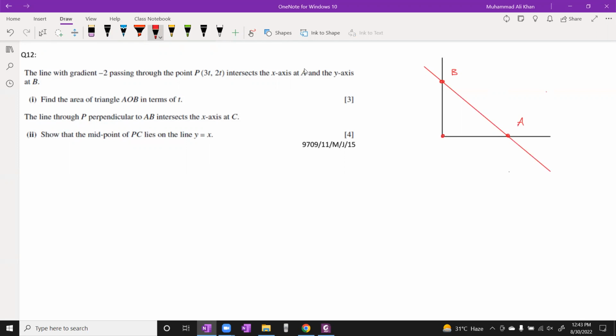O is the origin here. The gradient of the line is -2, and the line passes through P with 3T and 2T.